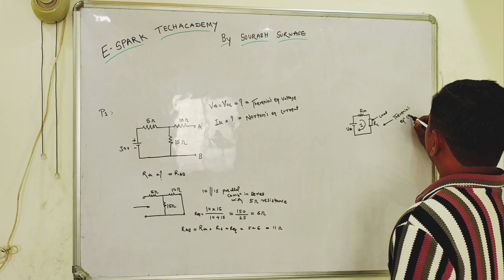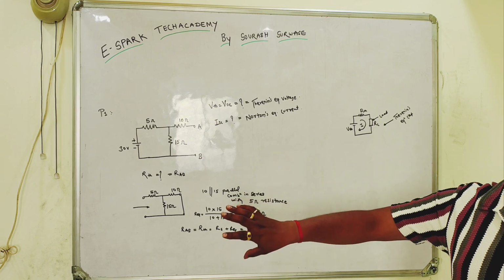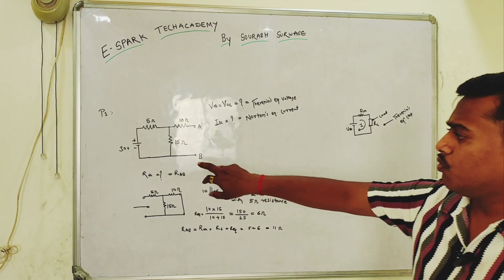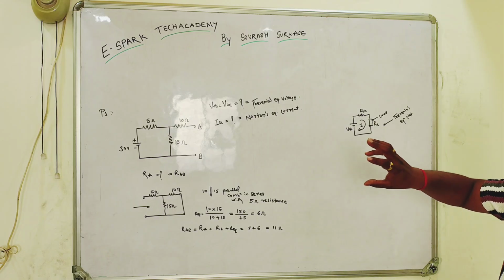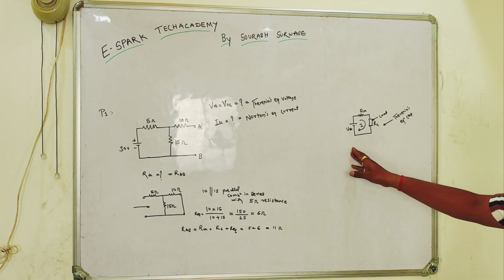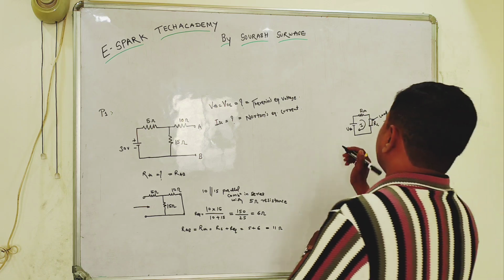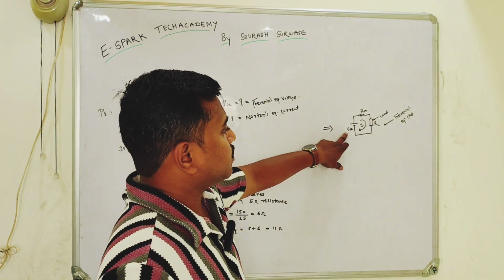Thevenin's equivalent circuit is nothing but whenever any circuit is given, any voltage source with resistance or any electrical parameter circuit, that circuit will be converted to this circuit, converted to a voltage, the open circuit voltage.